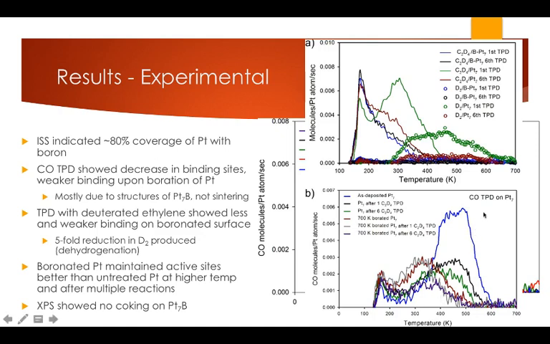And then the carbon monoxide TPD is essentially showing that that active site coverage that you have is more stable with temperature after repeated runs. And then finally, XPS showed essentially no coking on the boronated platinum. So what this leads to conclude is that ethylene will desorb rather than dehydrogenate on the boronated catalyst.